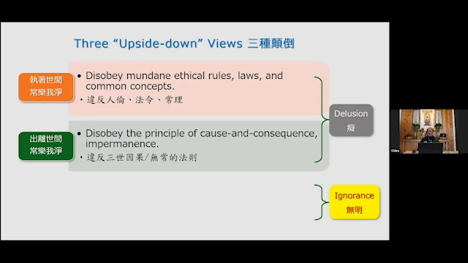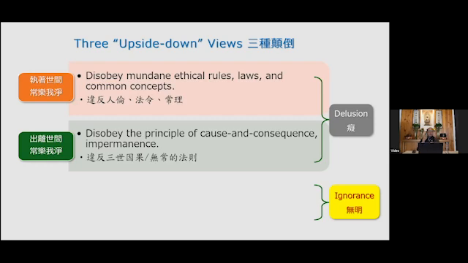But if we have upside down view, for example, you think, oh, I have a way that I don't need to get punished if I do something wrong. And you even think that once I make money, no matter how I did it, there's nothing wrong with it. I can cheat people, I can steal, I can falsify data.